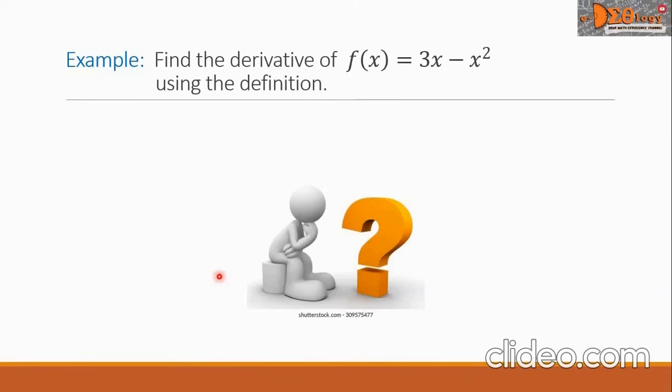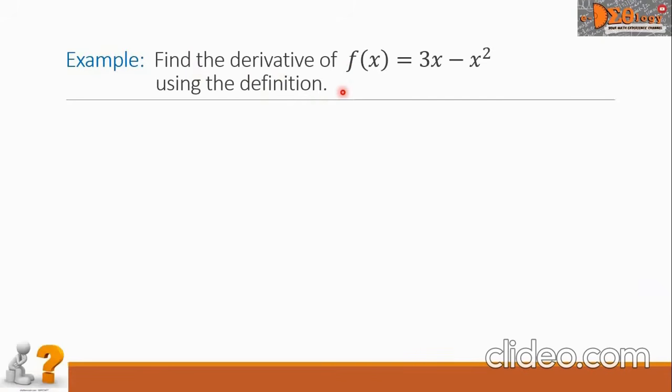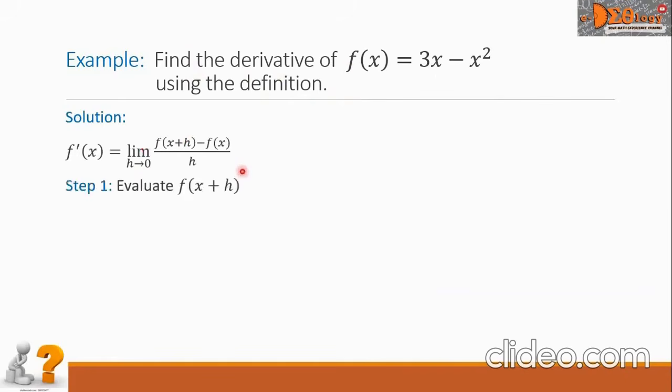Let us see this example. Find the derivative of f of x equals 3x minus x squared using the definition. For our solution, let us write our formula here. Step 1 is to evaluate the function f of x plus h.